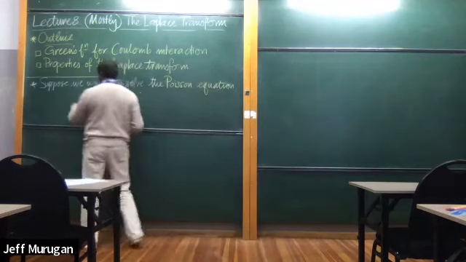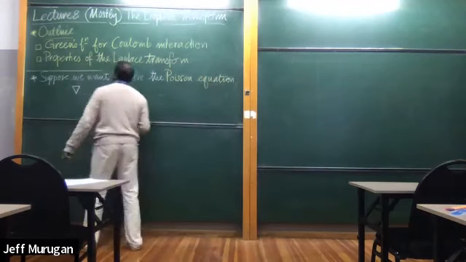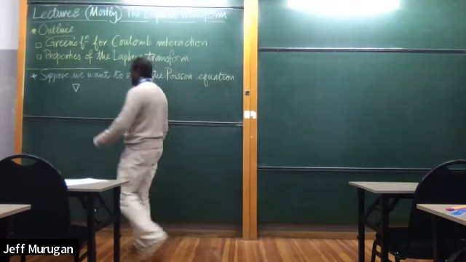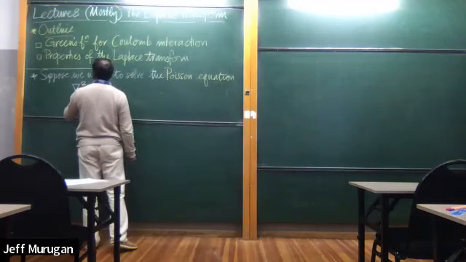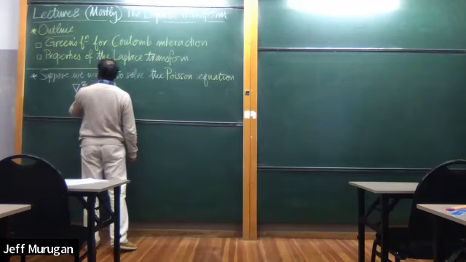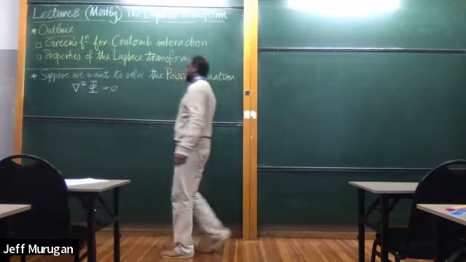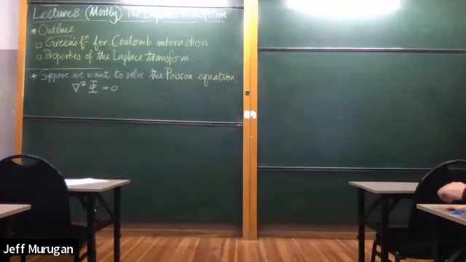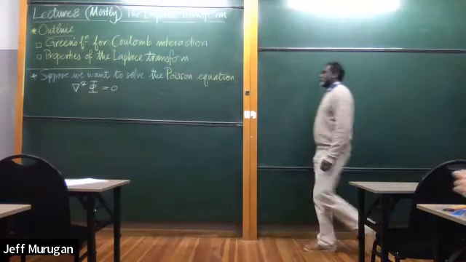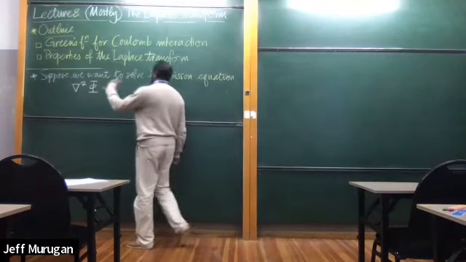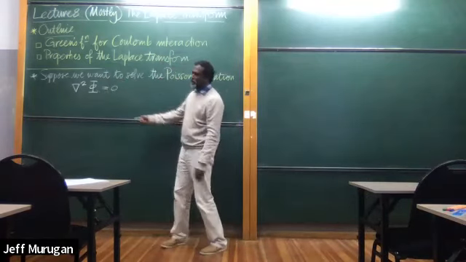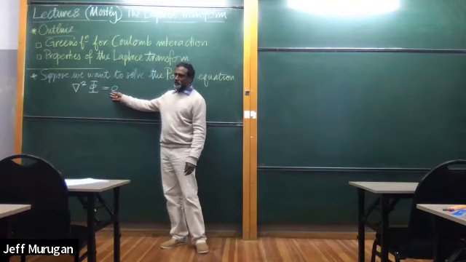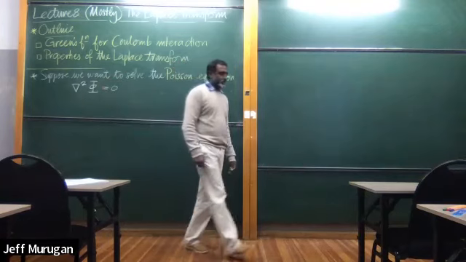So here, I'm going to calculate the Laplacian of some function, let's say phi, equal to 0. This is the Poisson equation. So the Laplacian of the function is 0, and I would like to know what that function is. Ideally, I want to throw in some right-hand side source term and compute things there.